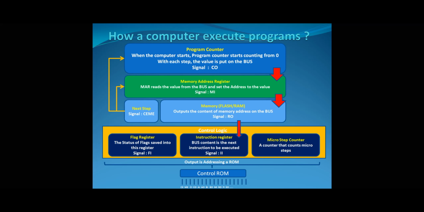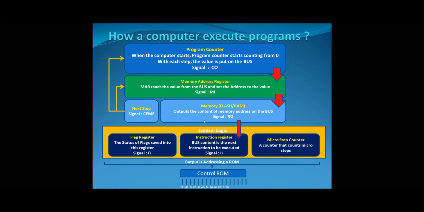If it's an instruction, then we read that into our control logic, and that's the part we'll be talking about today, and we're going to go through different registers in there. But if it's data, then that data is normally going to, let's say, A register, B register, or maybe even to another address of the memory.